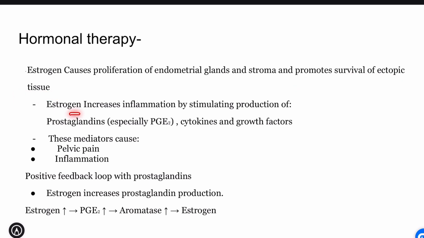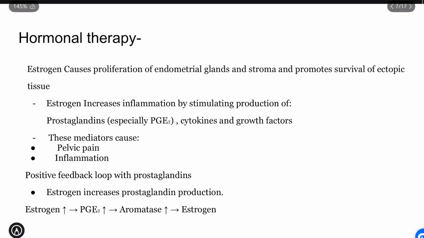Now this ectopic endometrial tissue will also secrete estrogen. This estrogen increases inflammation by stimulating production of prostaglandins. Along with prostaglandins, there is also production of cytokines and growth factors. Cytokines and growth factors cause inflammation and prostaglandins will cause pelvic pain.